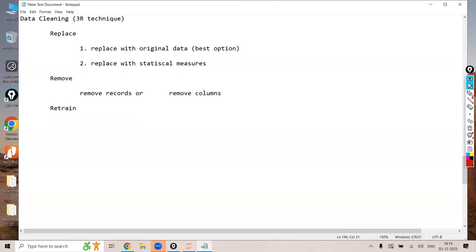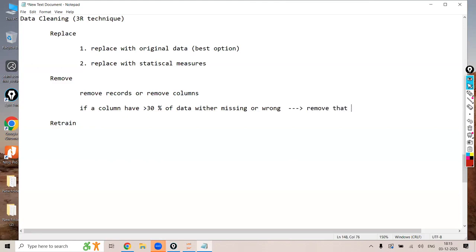For example, if a column has more than 30% of data either missing or wrong, in this case, remove that column.